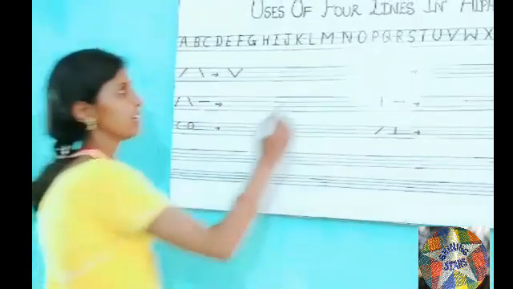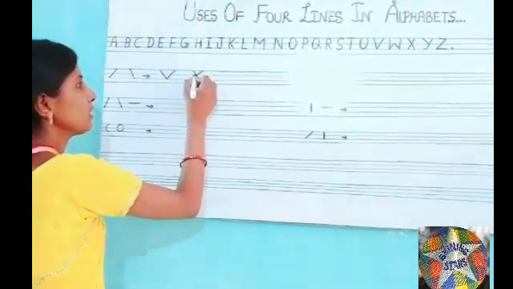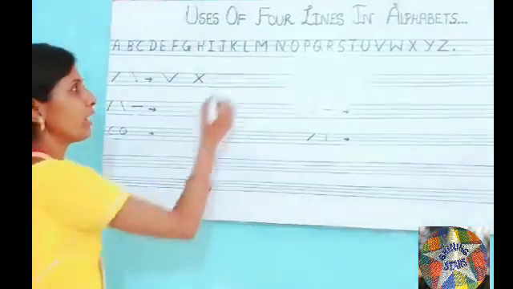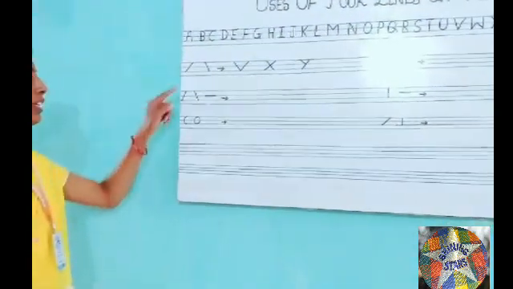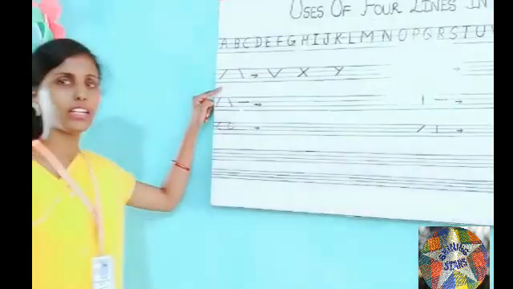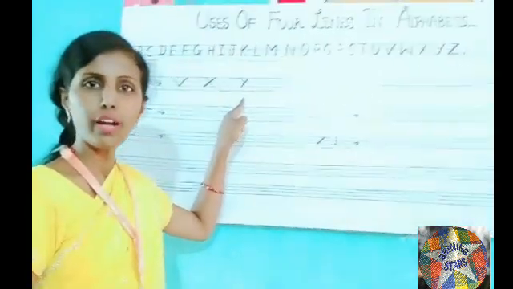V. And the others, X and Y. Only two slant lines are used in the alphabets X, V and Y.